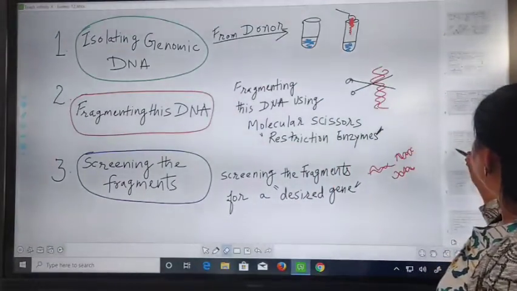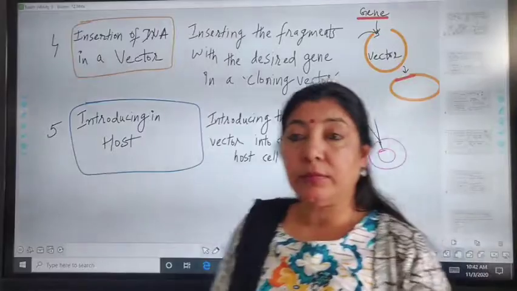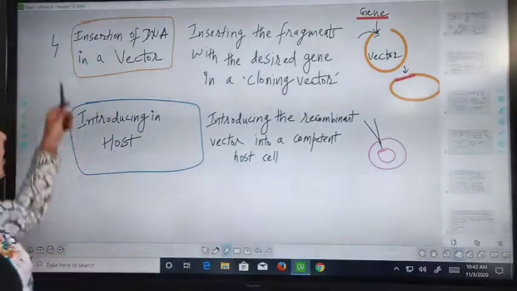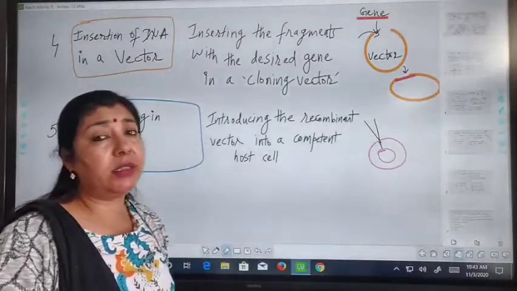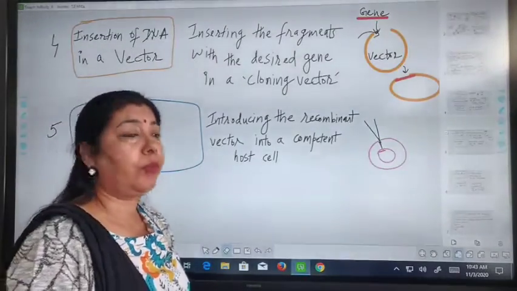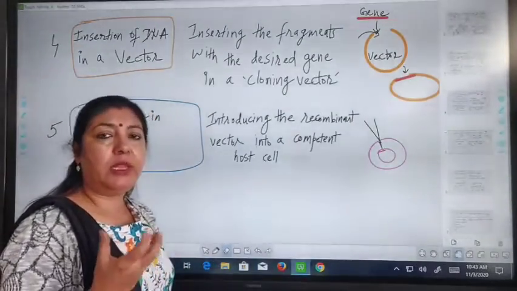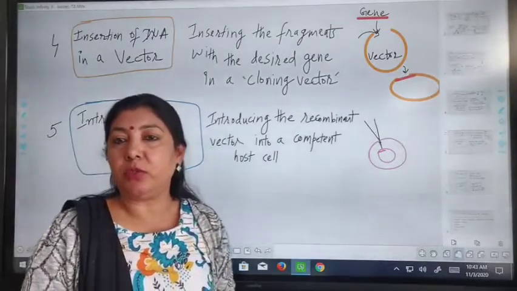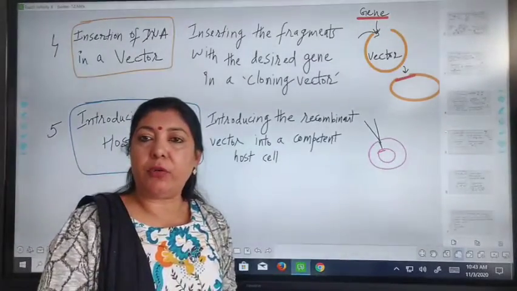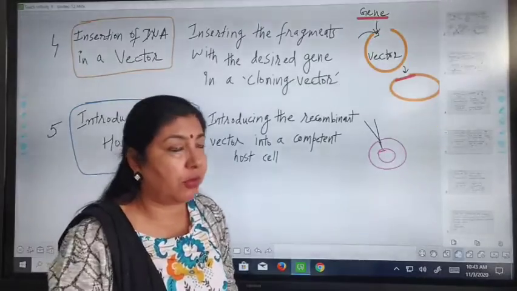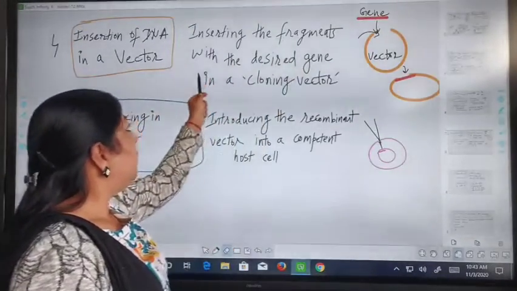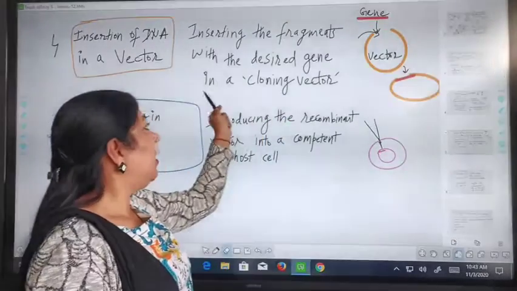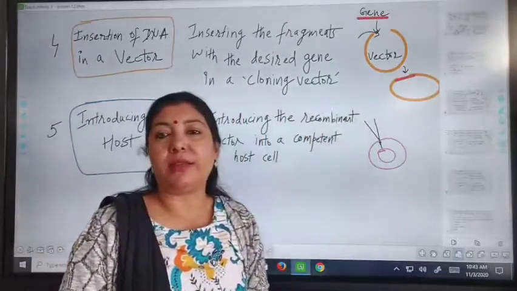Now we come to step number 4. Step number 4 is insertion of the DNA in a vector. This is a very important step. So the vector, generally plasmid, is used. As I've already told you, plasmid is extra chromosomal DNA. So this is inserting the fragments with the desired gene in a cloning vector.